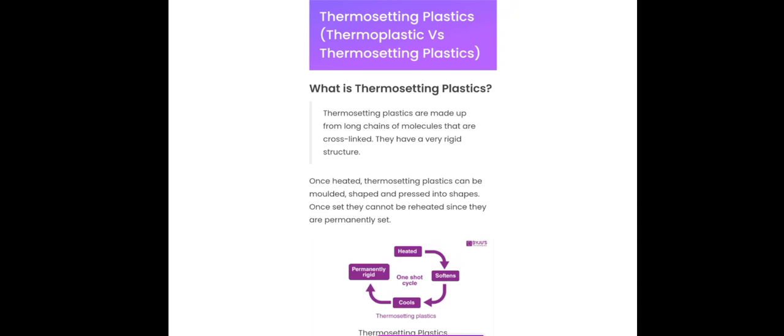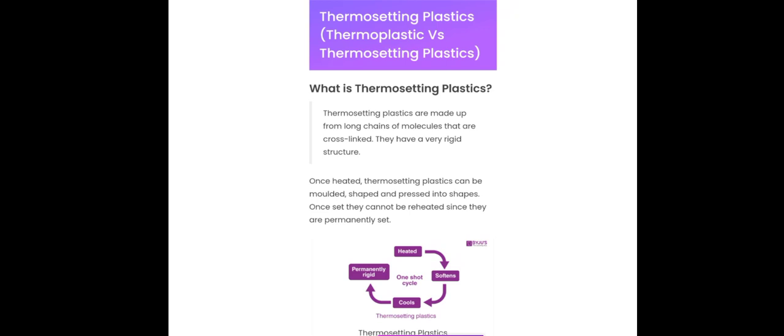Next we have uses of the plastics. Plastics are mainly used for household purposes as well as for the manufacturing of furniture. Coming to the disadvantages of the plastics: when subjected to heating, some of the plastics get softened at high temperature.